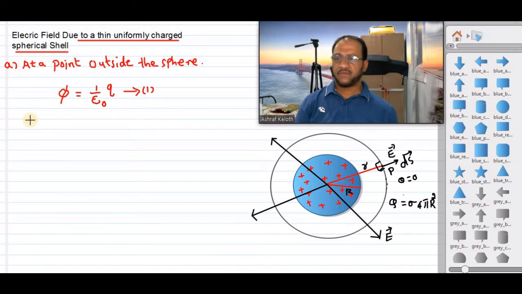For the flux, phi equal to the integral over the closed surface of the sphere E dot ds. ds is a vector. And one more point is required here. We have taken the electric field intensity at the point P as E. E is the magnitude, and the direction is radially outward.